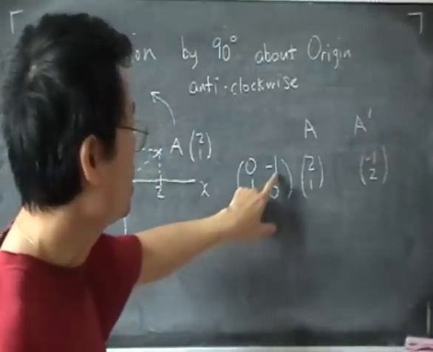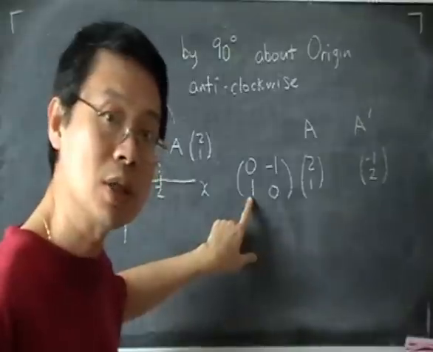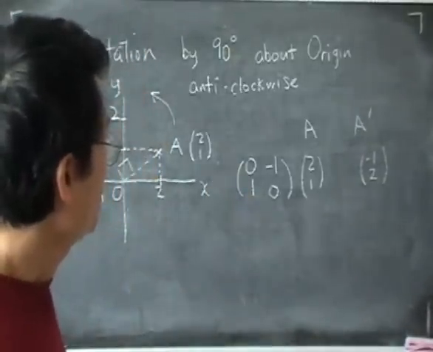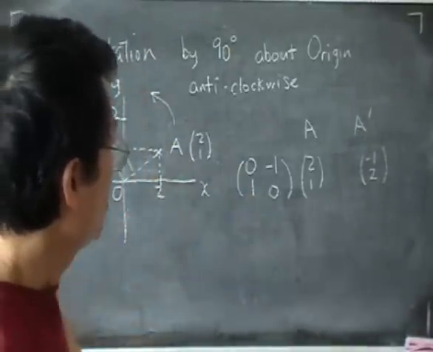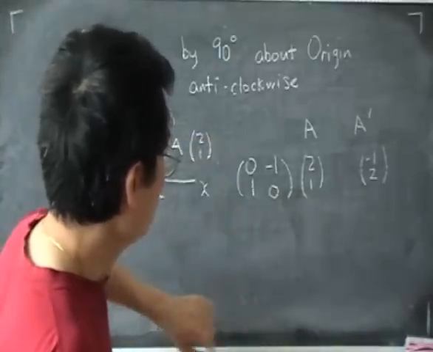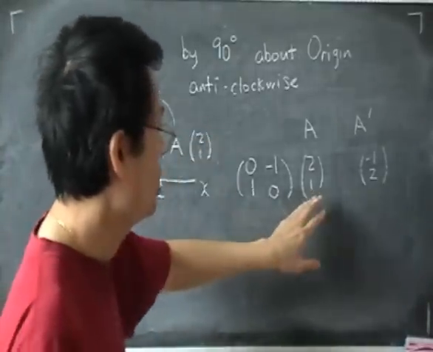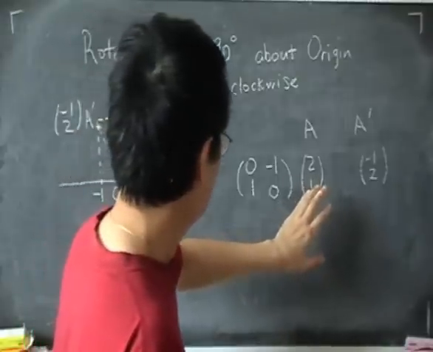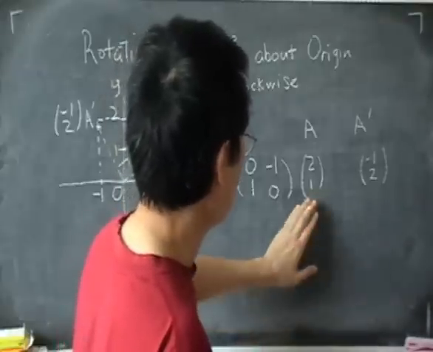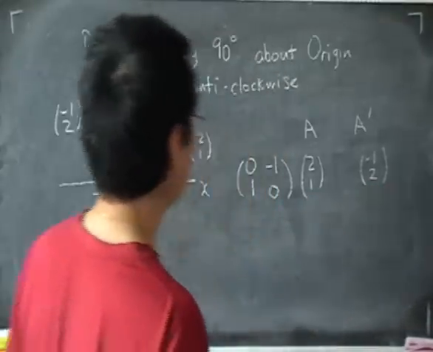And those two ones there come from sine of 90 degrees using that formula. Now I just want to check that when I multiply this matrix by the coordinates of A, I actually get the right answer.